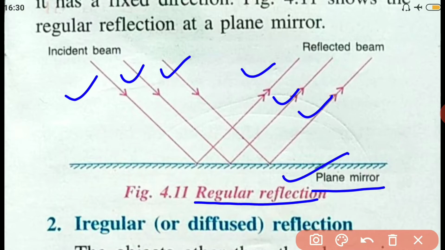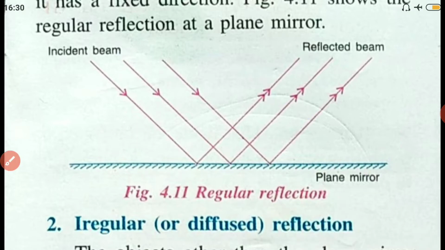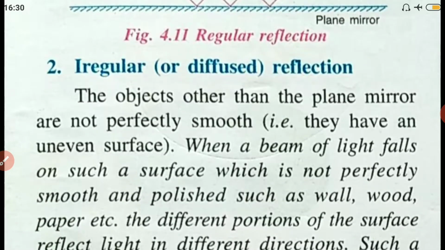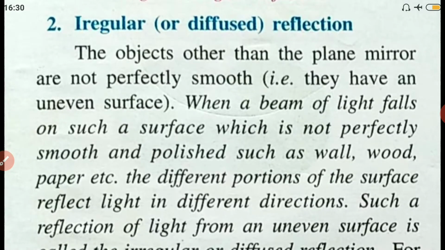That kind of reflection is called regular reflection, and this kind of reflection is responsible for the shine or glare of the object, right? It is not good for our eyes because the shine and glare for a long time can damage our eyes, right?